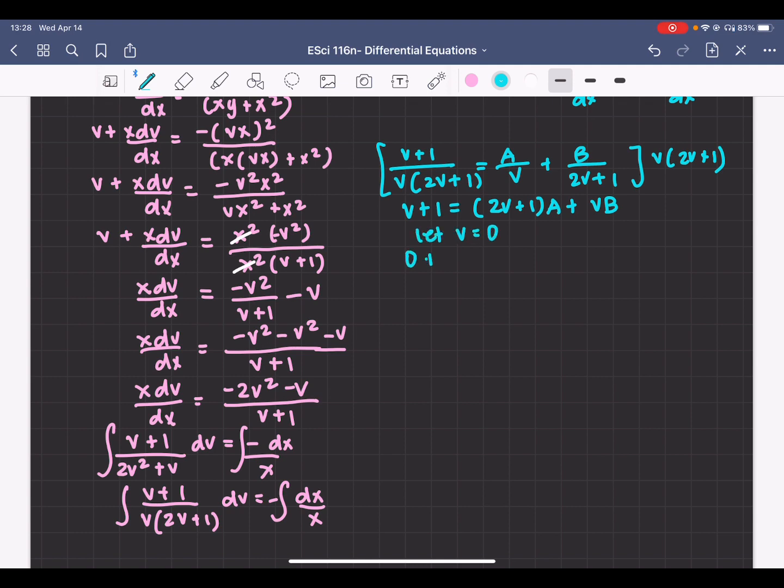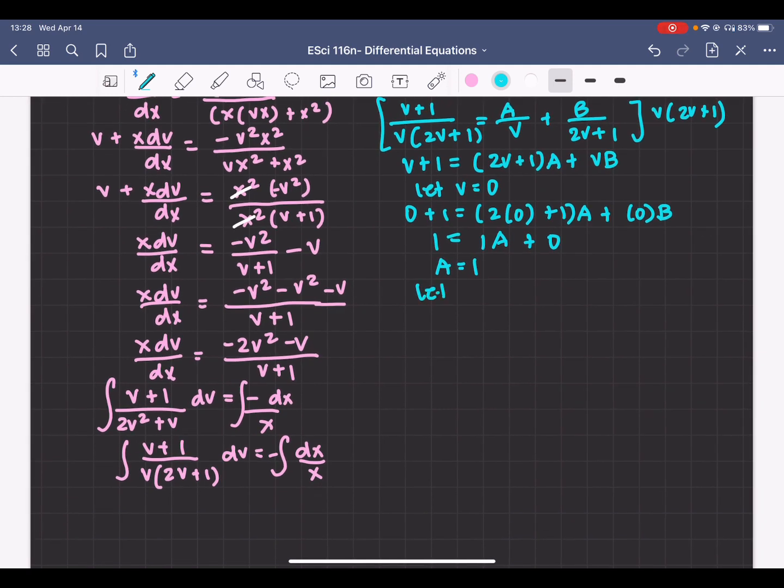So we have 0 plus 1 is equal to (2 times 0 plus 1) A plus 0 times B. Now we have 1 is equal to 2A plus 0, since 2 times 0 is 0, so we are only left with 1. So 1 is equal to 1 times A plus 0. Therefore our A is equal to 1.